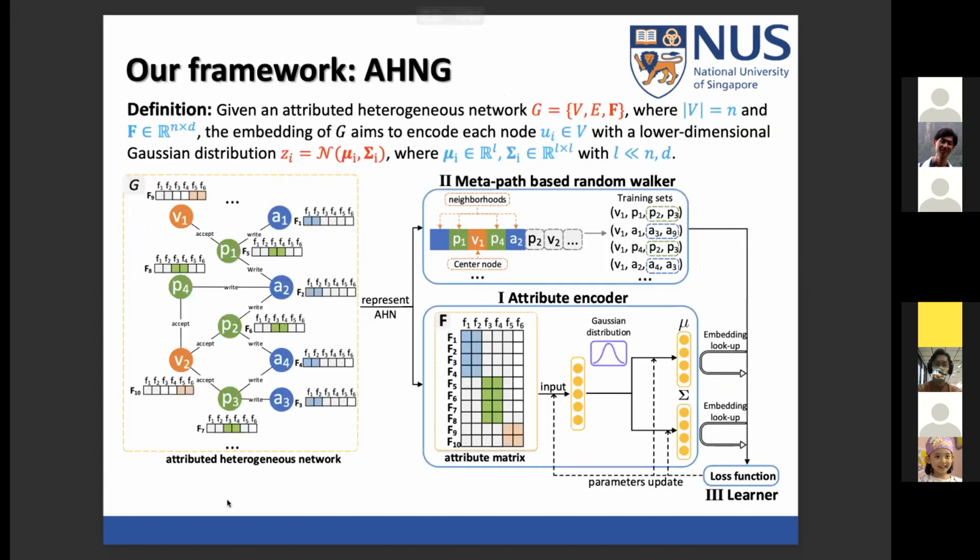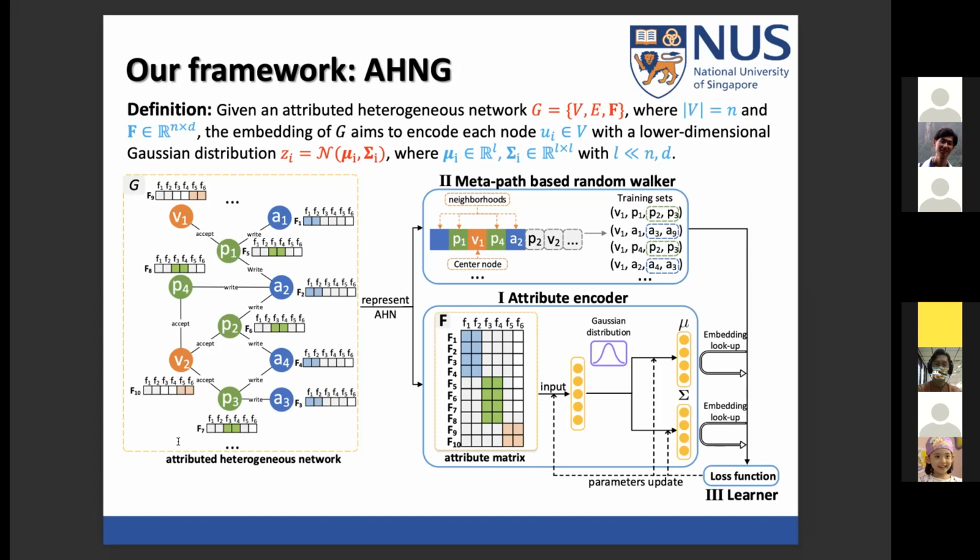Therefore, in response to the above 2 challenges existing in the attributed heterogeneous network, I propose a model, AHNG. The problem definition of AHNG is: given an attributed heterogeneous network G, where V is the set of nodes, E is the set of edges, and F is the set of node attributes, we aim to embed each node belonging to V as a Gaussian distribution in the lower dimensional space.